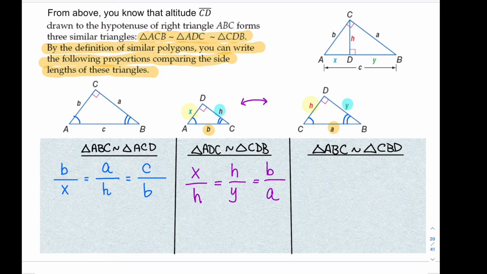Lastly, we can compare triangle CBD to the big triangle ABC. Alright, so we'll do that part next. So now ABC and CBD are being compared. We set up the three proportions for them.